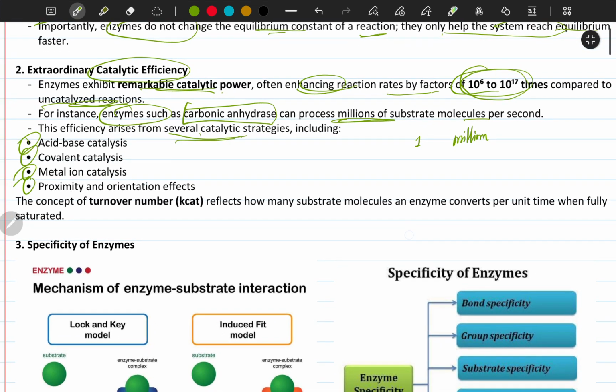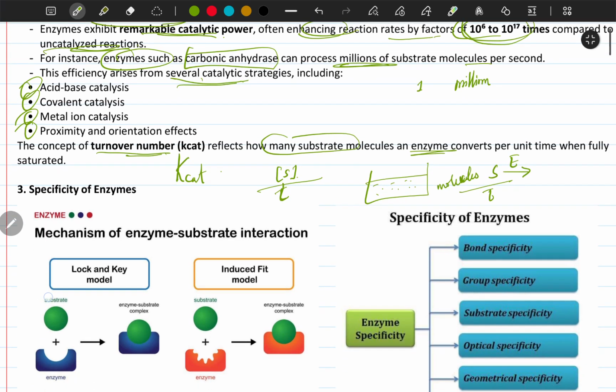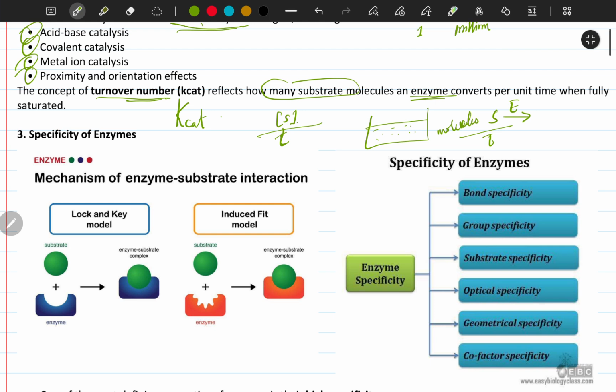So next is the concept of turnover number, kcat. It reflects how many substrate molecules an enzyme converts per unit time when fully saturated. This is kcat, or turnover number.